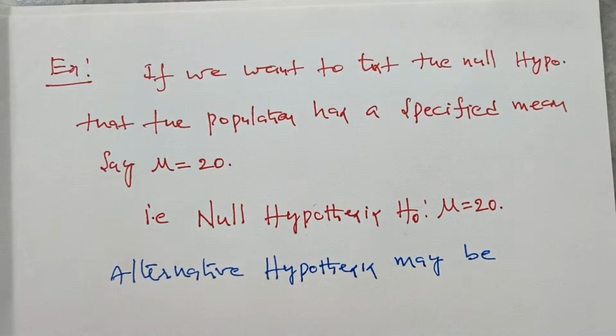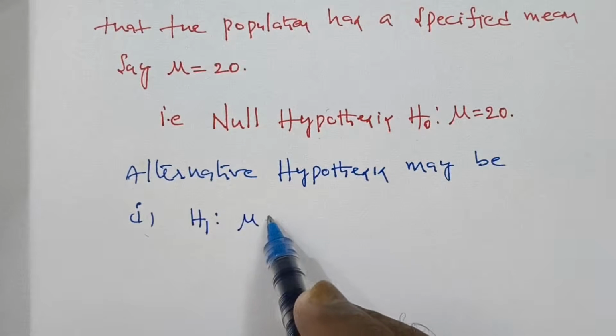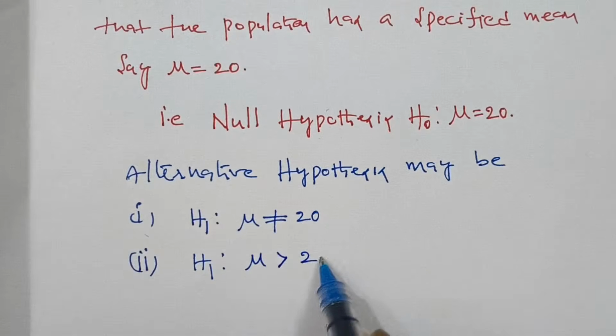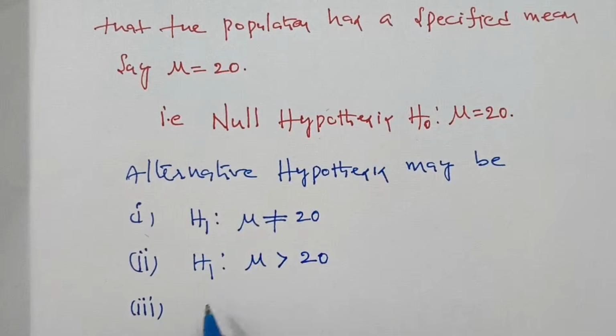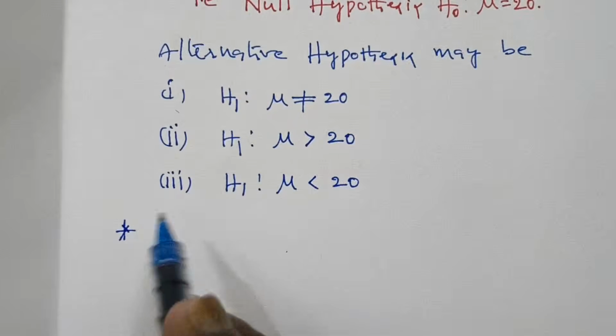From the above, how do we write the alternative hypothesis? Alternative hypothesis may be written in three ways. Number one, H1: mu not equals 20. Number two, H1: mu greater than 20. Number three, H1: mu less than 20.